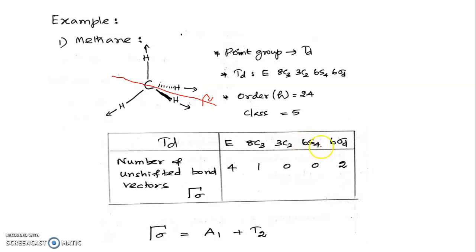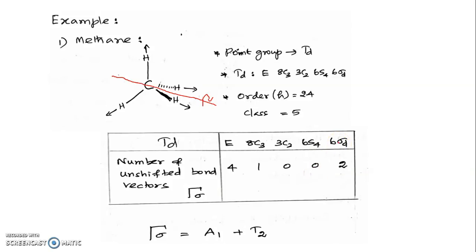If you analyze the bond vectors, while doing the S4 operation, all the bond vectors get shifted in the rotation itself. So you need not worry about the reflection, because in the rotation itself the bond vectors get shifted. So the number of unshifted bond vectors is 0. Then what is the dihedral plane?